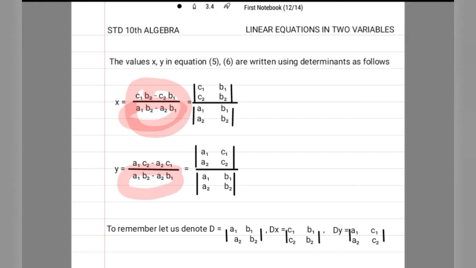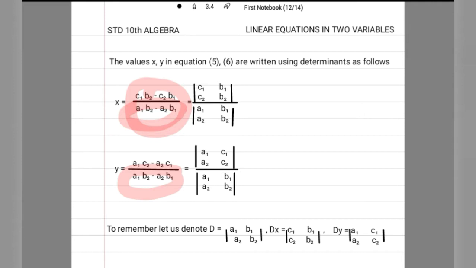So if we put the denominator 0, the values of x and y will go to infinity, that we cannot define. Like anything upon 0 is infinite and we cannot define that value. So they have put this condition that a1b2 minus a2b1 should not be equal to 0.